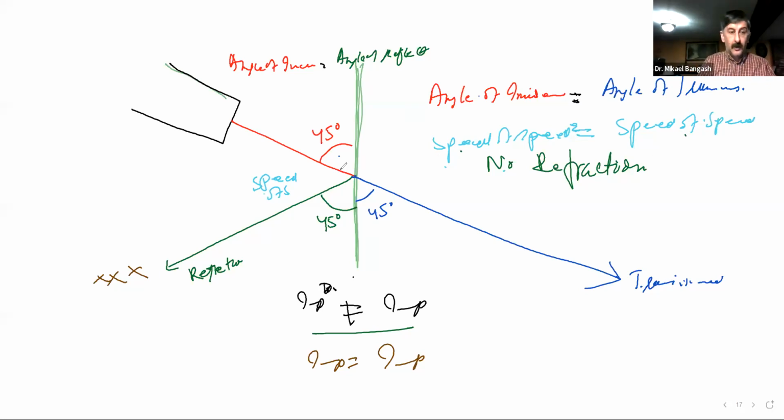So actually, there will be a refraction if our transmitted wave had gone like this, for instance. Then we could say we now have an angle that is greater than 45 degrees, say 80 degrees.